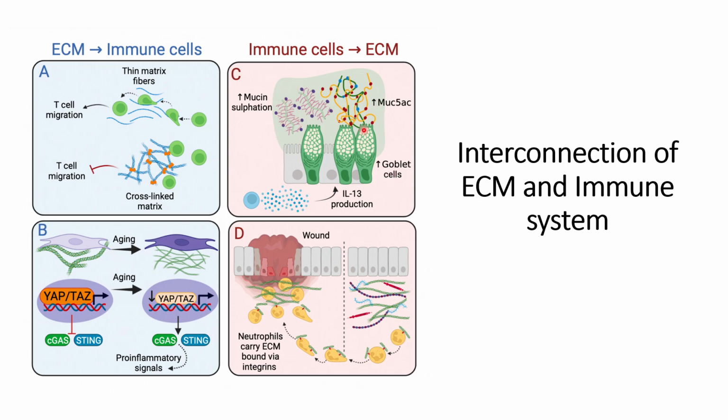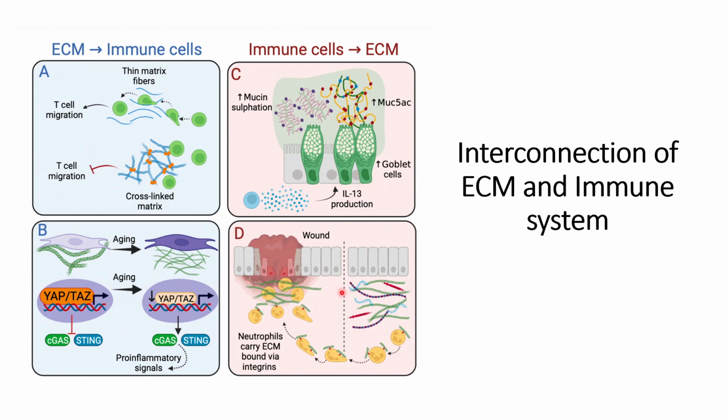So in this case, the immune cells help to restore the extracellular matrix through interleukin 13 production, which causes MUC5AC upregulation and sulfation of the mucin.